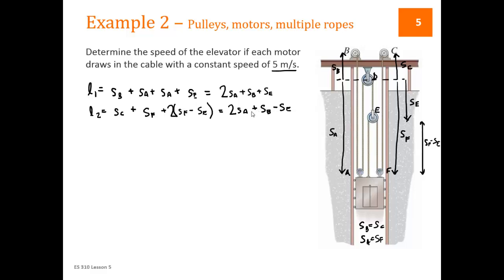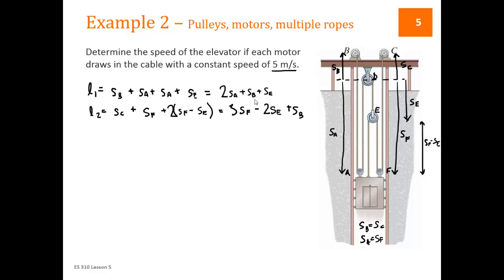So then we have 3 SFs, so 3 SF minus 2 SE plus SC, which was the same as SB.